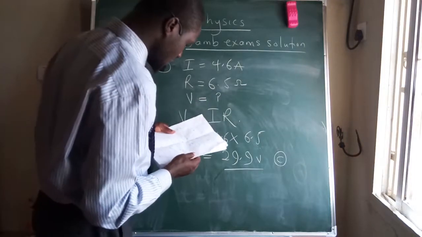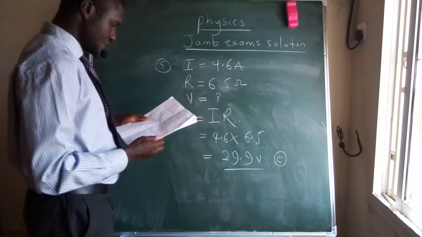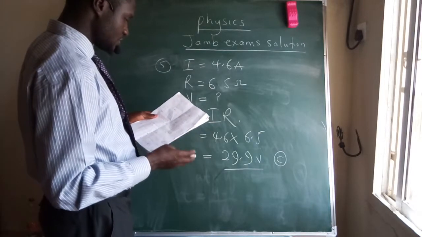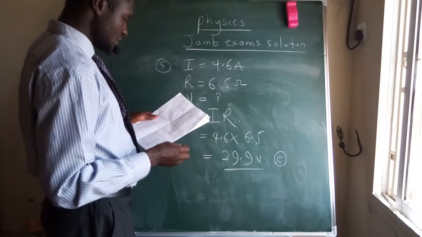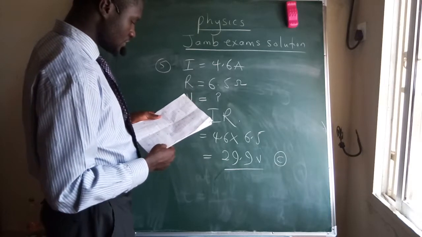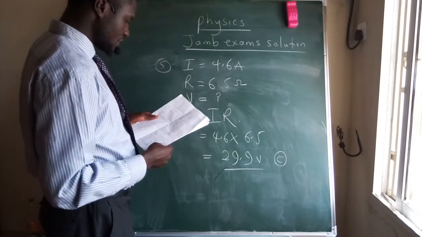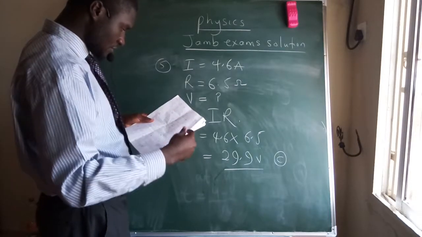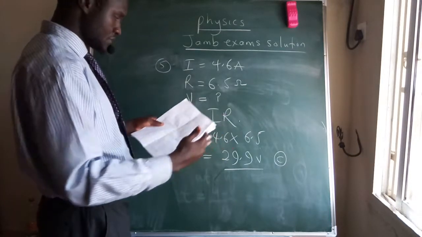Okay, question 6 says the different time rates of flow of liquids is due to A, cohesive force, B, adhesive force, C, viscous force, and D, surface tension. So the answer is C, viscous force. What brings about different rates in flow of liquids?